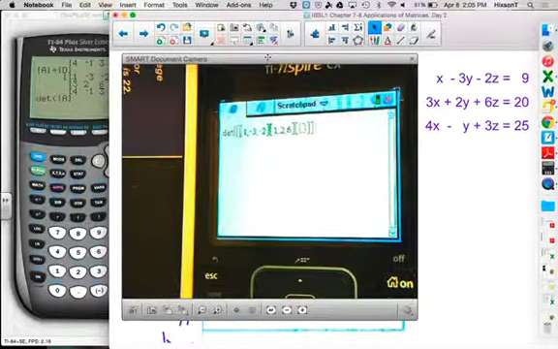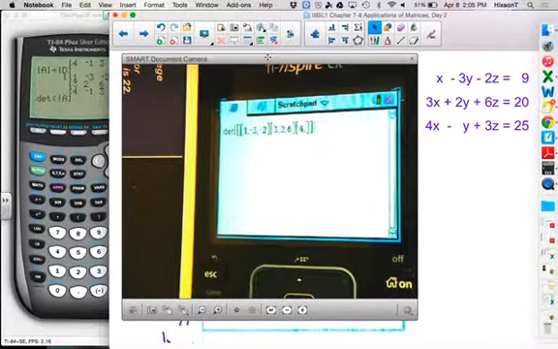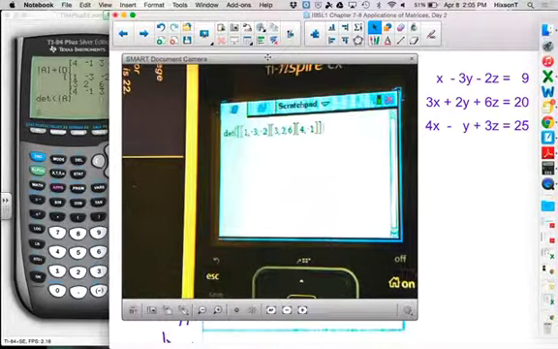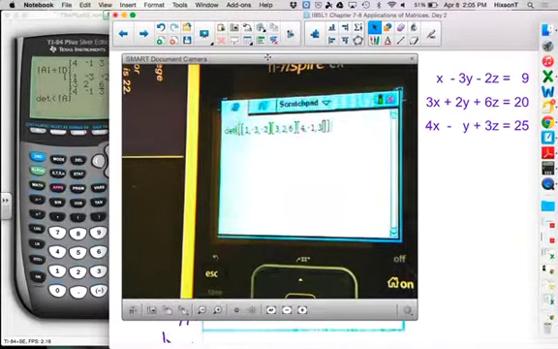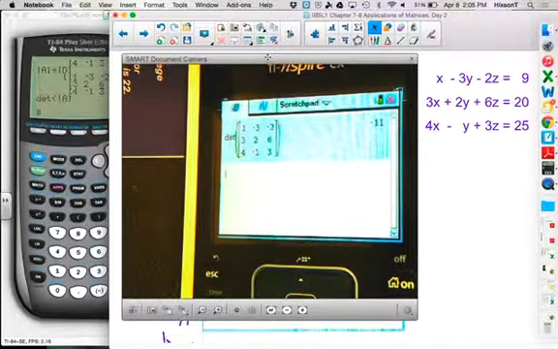Not 1, 2, 6, 3, 2, 6. And then 4, -1, and 3. Okay? So you notice it translates that into a matrix from the brackets, and we found the determinant, and it comes out to -11.